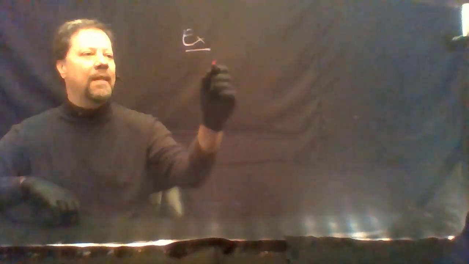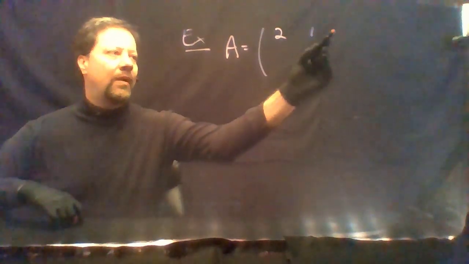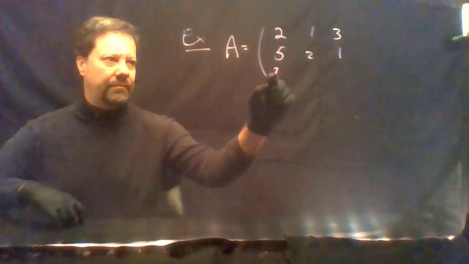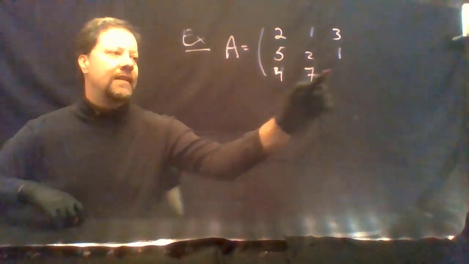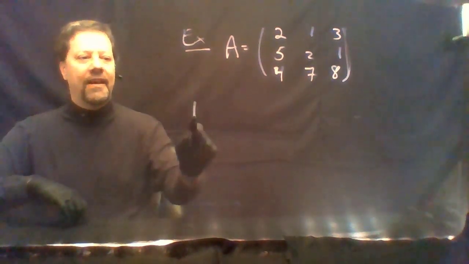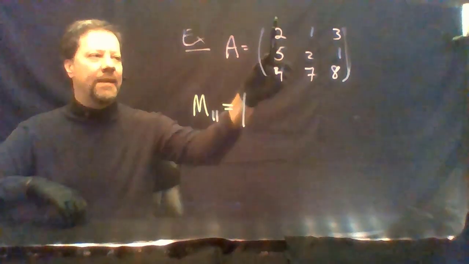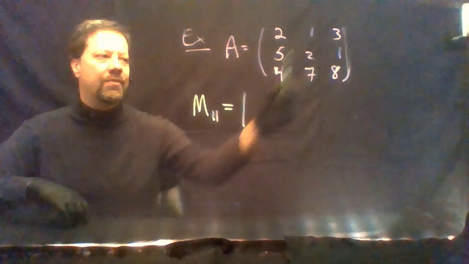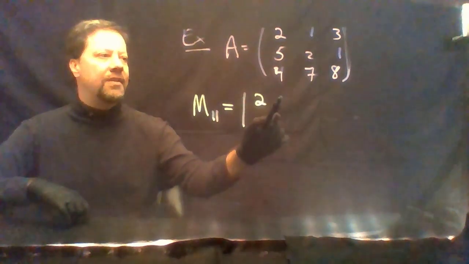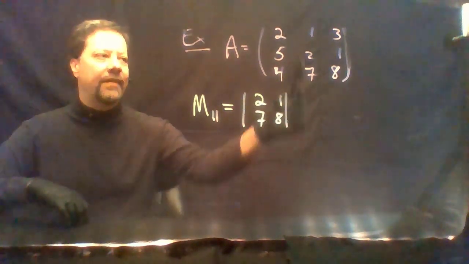For example, suppose the matrix A has entries 2, 1, 3, 5, 2, 1, 4, 7, 8. Then M11 is obtained by crossing out the first row and first column. That is the determinant of the 2 by 2 array 2, 1, 7, 8.